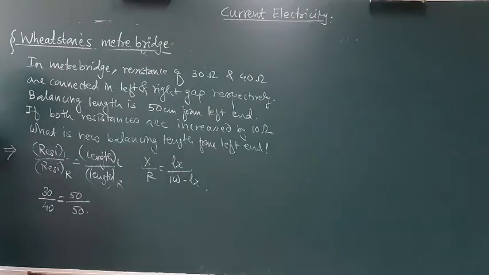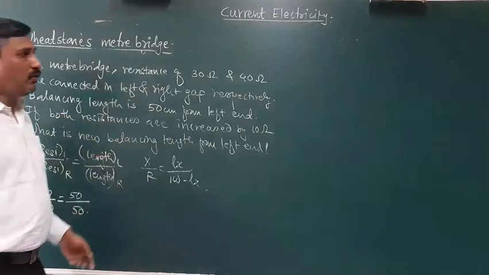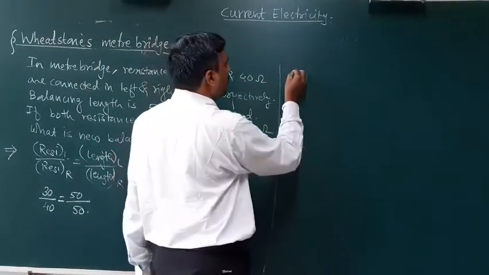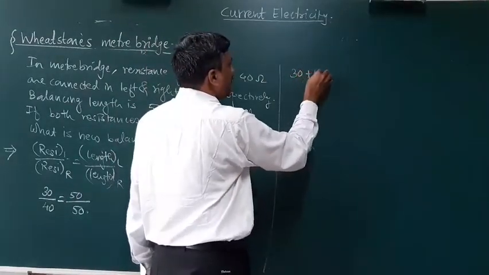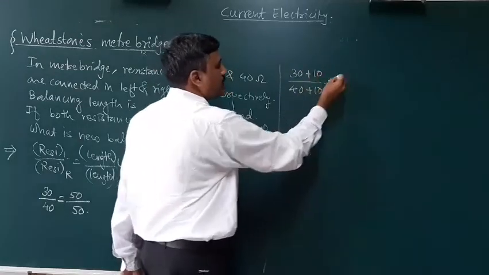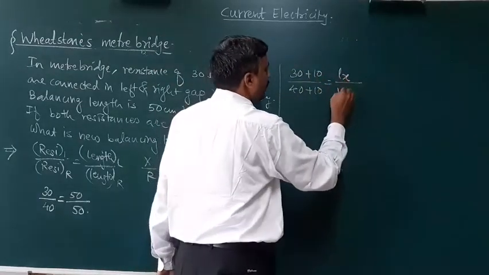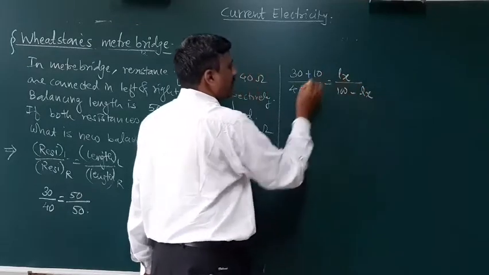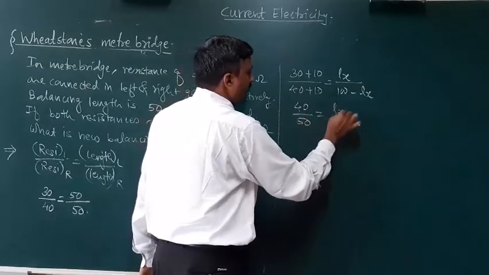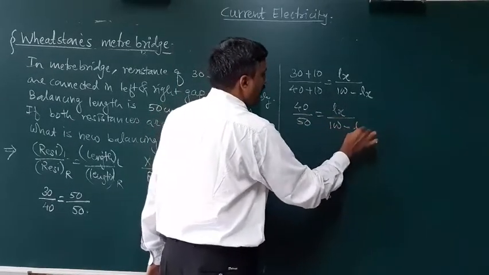Are you getting this part very clearly? Now, if both resistances are increased by 10 ohm, the left becomes 30 plus 10 and the right becomes 40 plus 10, equals Lx upon 100 minus Lx. So it becomes 40 by 50, which is 4 by 5, equals Lx upon 100 minus Lx.